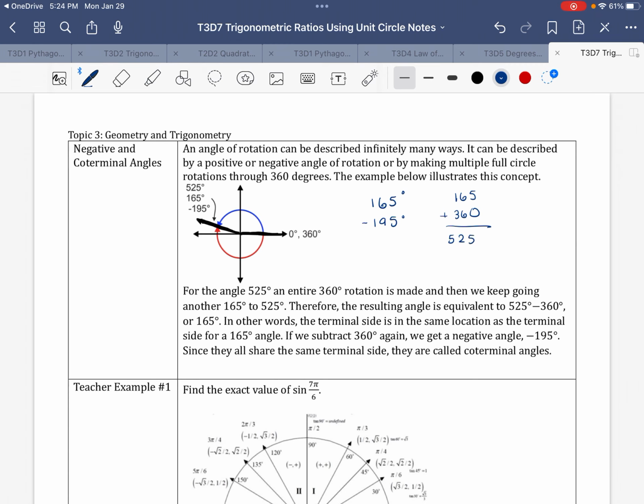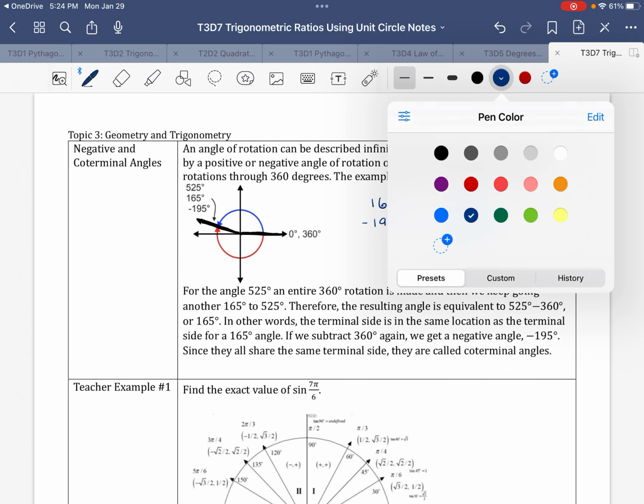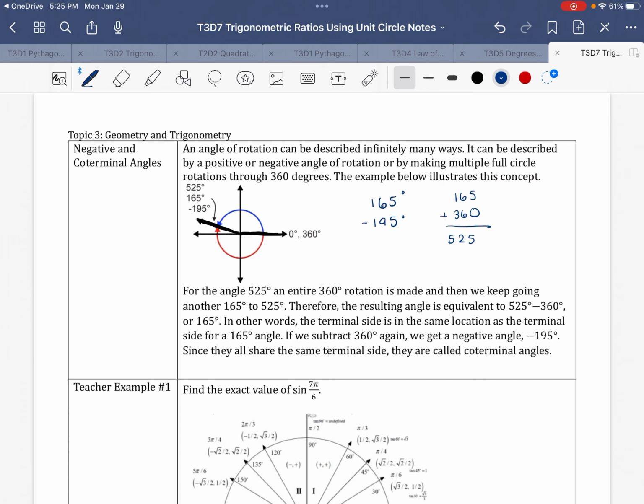And 525 is if we had taken one full circle all the way around 360 and then kept going an additional 165. And that gets us to our 525 degrees, right? And from there, we can add another 360 degrees and another 360 degrees, right? And they would all be ways to name our angle.